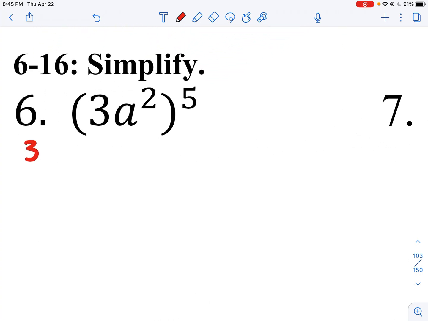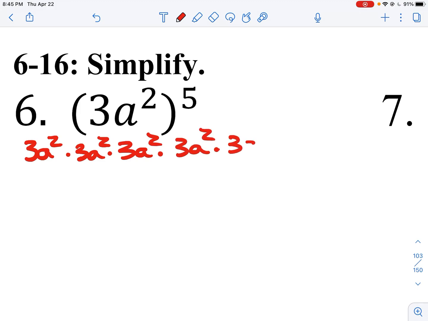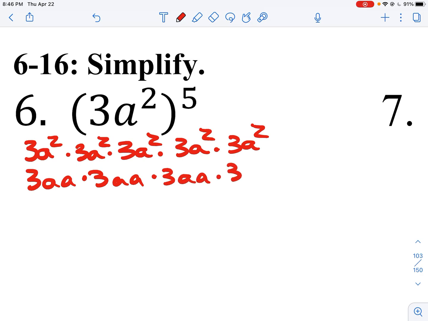So, 3a squared times 3a squared times 3a squared, 3a squared times 3a squared. So 3aa, 3aa, 3aa, 3aa, and 3aa.